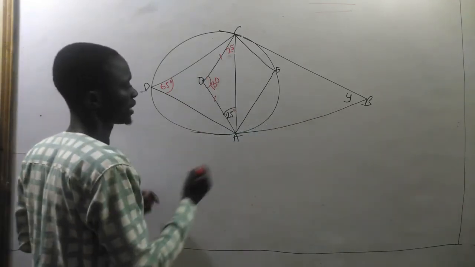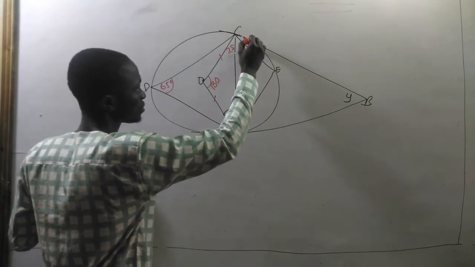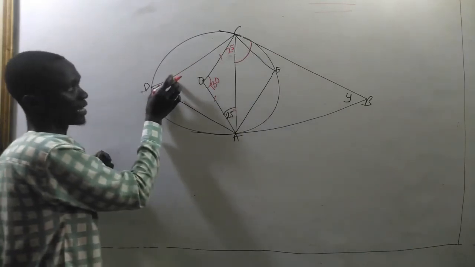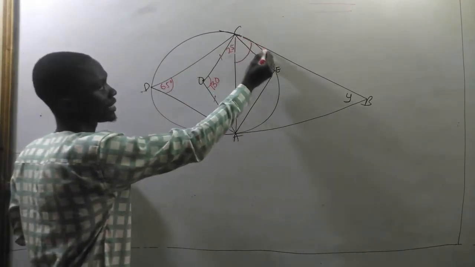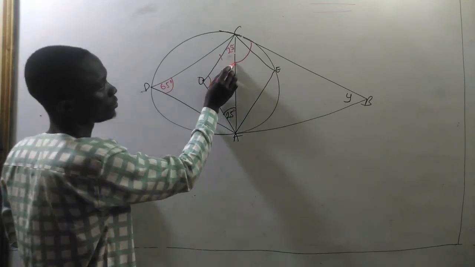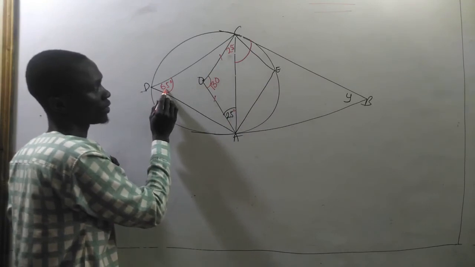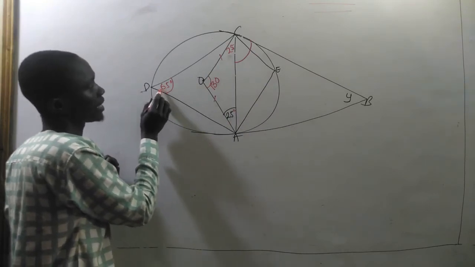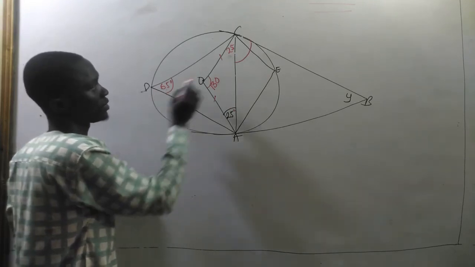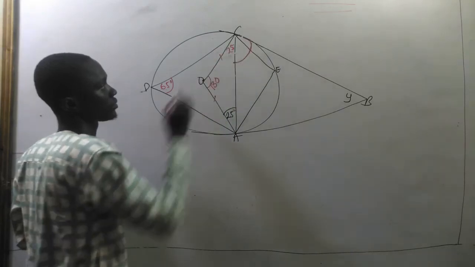Now, we want this. So we are going to consider triangle ACD. If you look at the angle here, it is equal to this angle. That's the angle between the tangent and the chord is equal to the angle at the circumference in the alternate segment. Very simple as that.